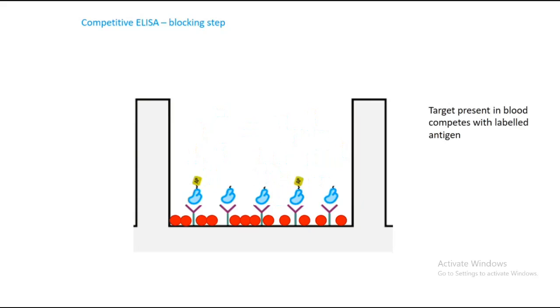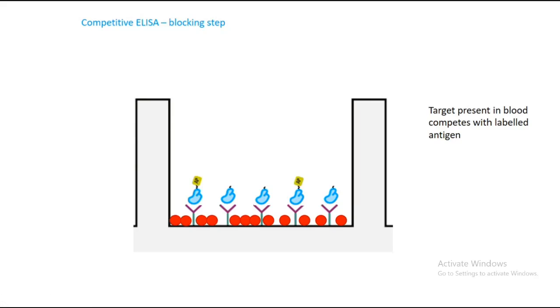The binding occurs, then you do a wash to get rid of all excess material. As you can see here, there are 2 labeled targets and 3 unlabeled targets. So quite clearly this blood sample did have some of the target that we're interested in.